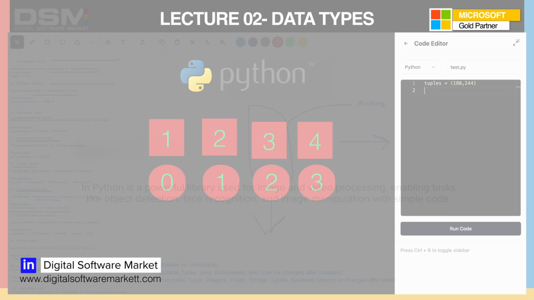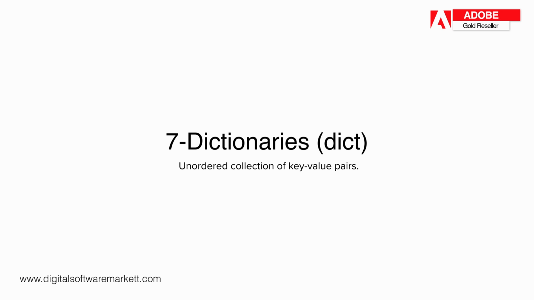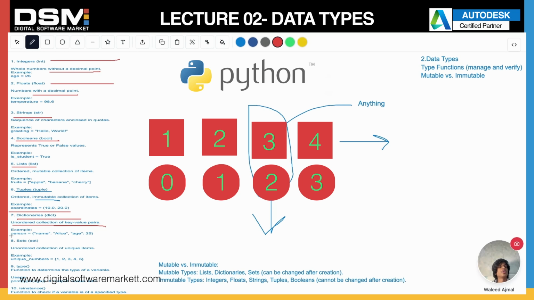So now let's get into the next example, which is dictionaries. Dictionaries are an unordered collection of key value pairs. I don't think I really need to write this one down because it explains itself. In a dictionary, you could have multiple characteristics saved directly into one variable, right?